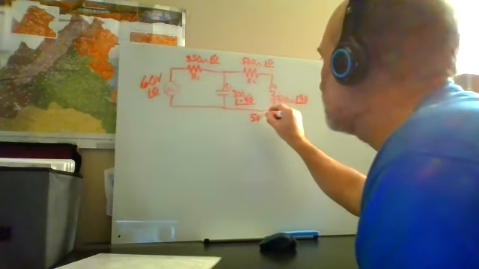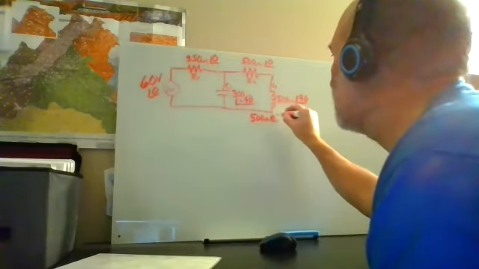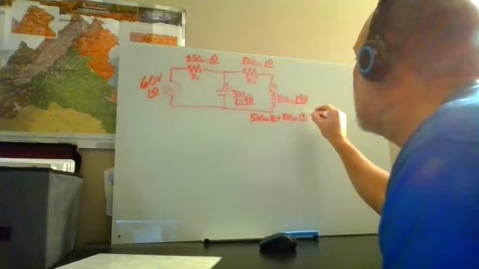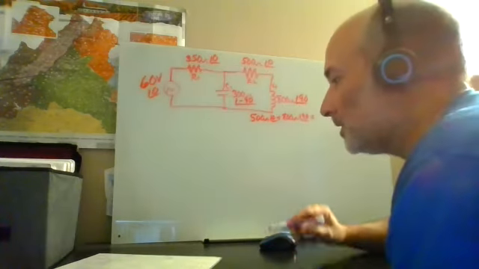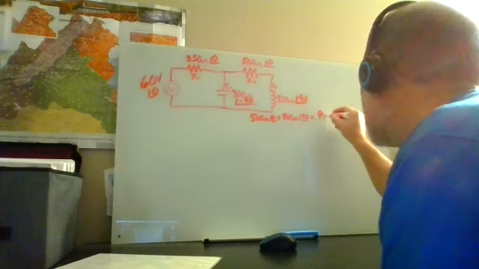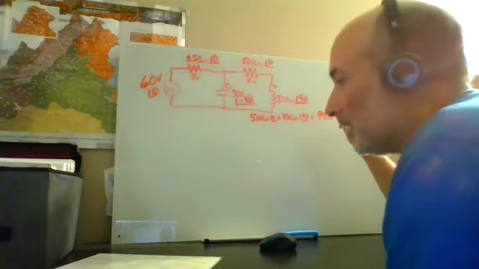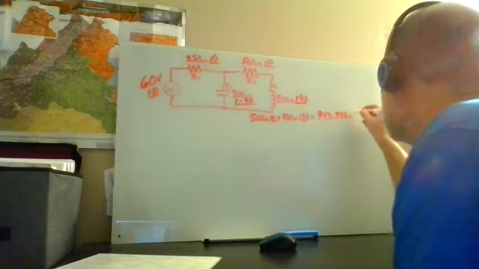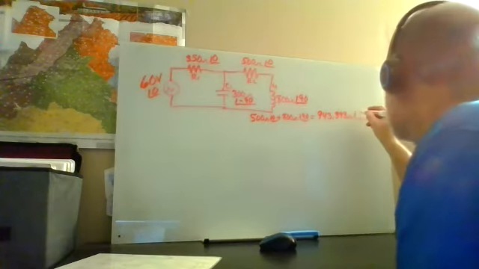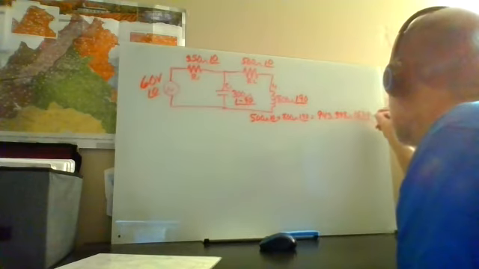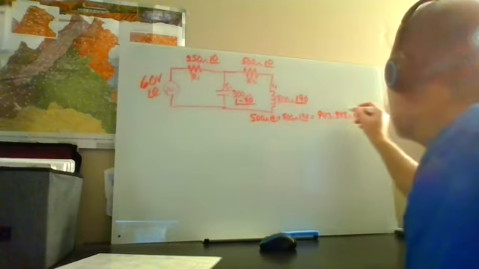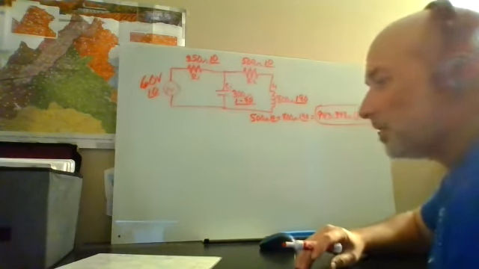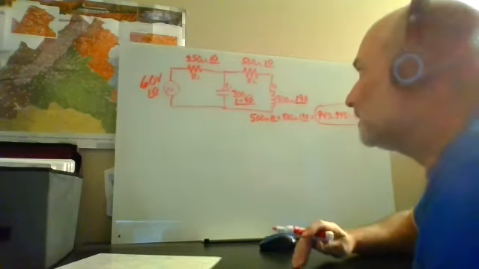So all I got to do is write 500 ohms angle 0 plus 800 ohms angle 90 equals, and when I do that out, I should get 943.398 ohms at an angle of 57.995. And just like I did in DC, I'm going to circle it because that's important to me.